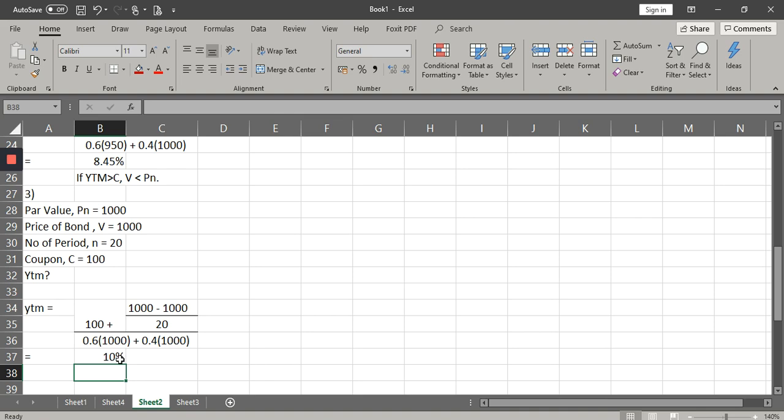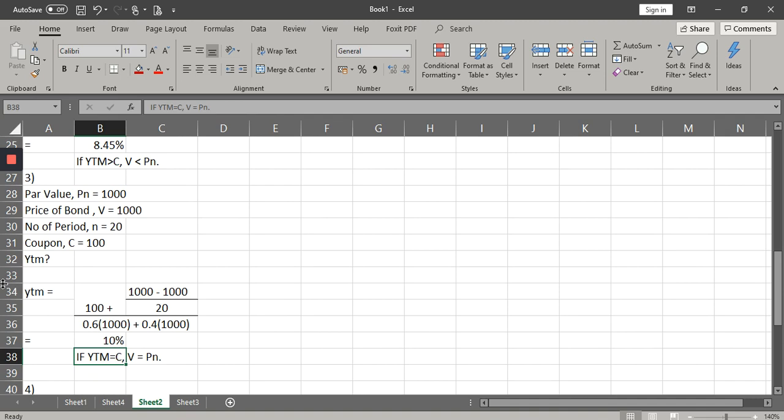Here, your yield to maturity is equal to your coupon. What happens? Because your coupon is 10%, your yield to maturity is 10%, your bond price is equal to your par value. See, if your yield to maturity equals the coupon rate, your par value and the bond price are also the same.